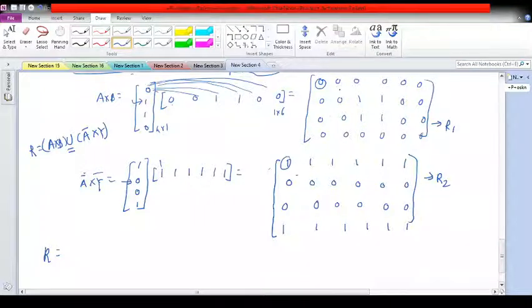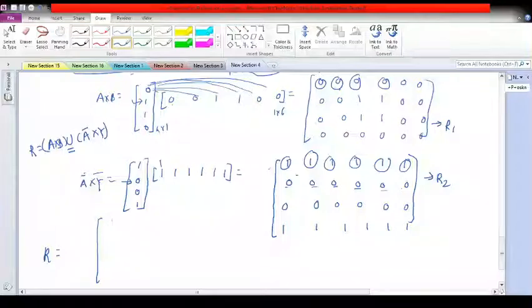This is 1. Element to element, this is 1. From the first row this is 1, this is 1, this is also 1. From the second row 0 0 1 1 0 0. So the resultant, let me write, the first row will be 1 1 1 1 1 1.